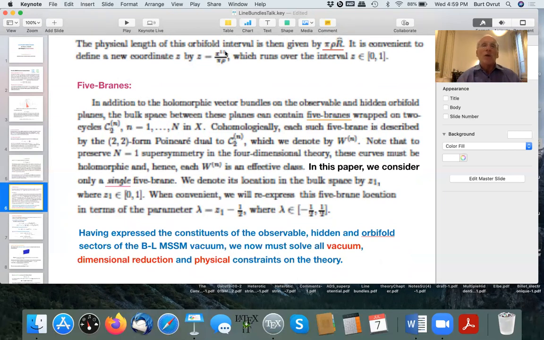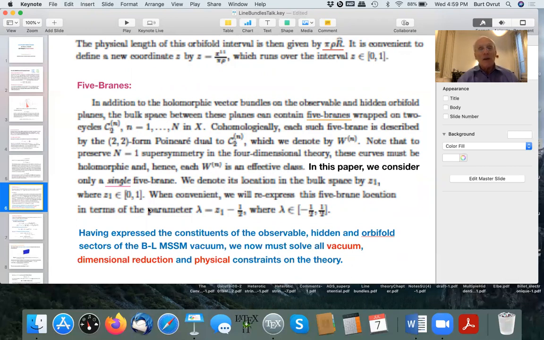It has a coordinate x11, but we can write that as z, which we divide by this pi rho. So that runs from 0 to 1, but we'll also have some other coordinate lambda, which we'll discuss in a second, which will also describe things in the fifth dimension.